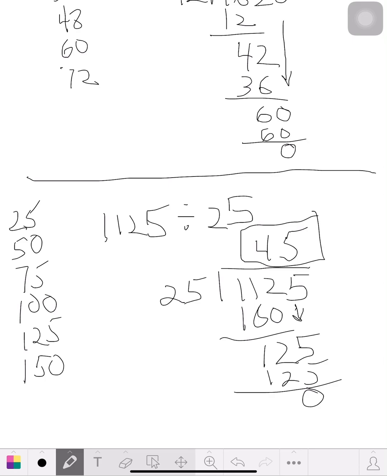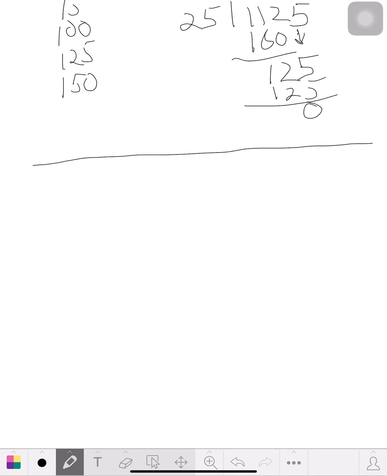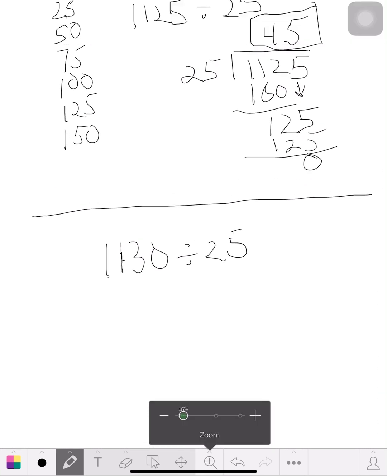Okay, now I'm going to do another one, and this one we're going to have a remainder. And let's see what we do with that one, okay? I'm just going to tweak this one that we just did, just a little bit. So I'm going to make it 1130 divided by 25. Now, one of the advantages I got, let's pull the board down a little more, okay?